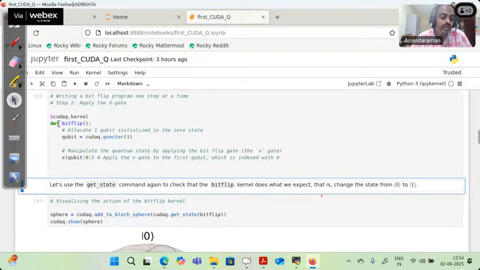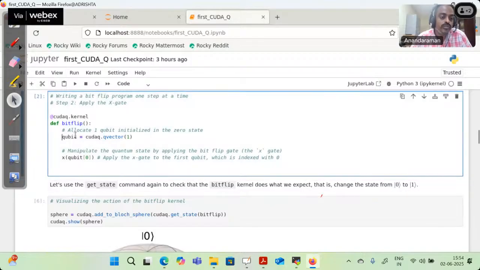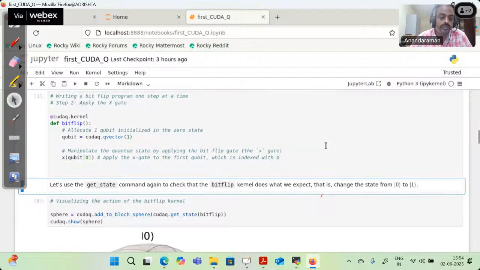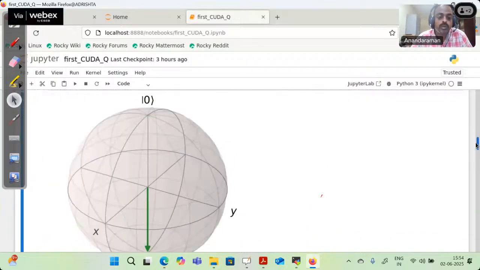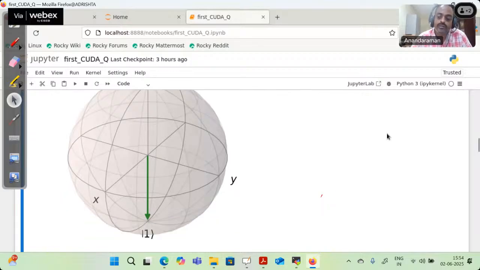Now we are doing the bit flip. One qubit we are initializing, and then we are applying the X gate on qubit 0, the first qubit. There is only one qubit here. After initializing, it points to 1. Okay, 0 becomes 1.